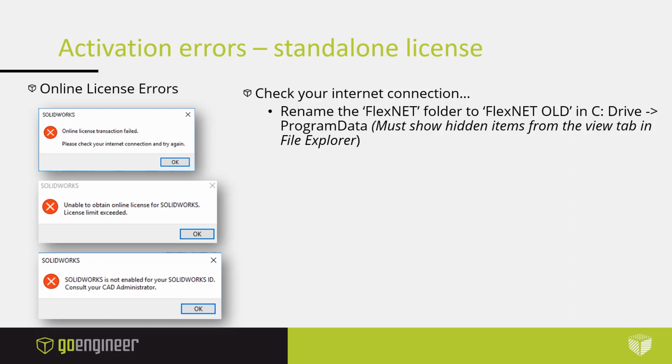Note that the program data folder is a hidden folder, and you must show that in Windows File Explorer. So if you run into this check internet error, quickly go in, attempt to either delete or rename the FlexNet folder in the program data folder, and see if that resolves it. Not very common, but it does happen.